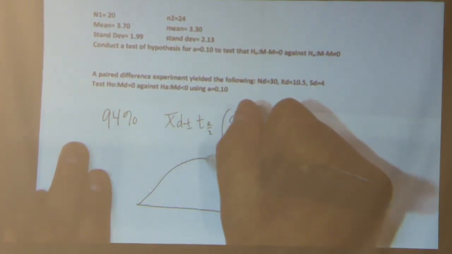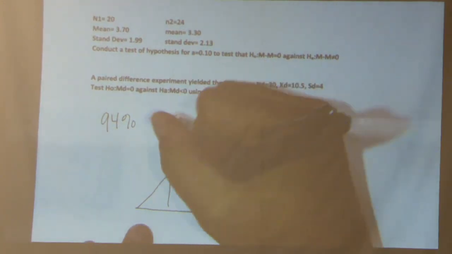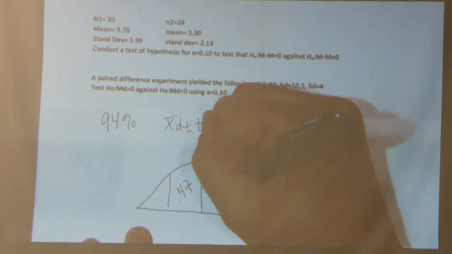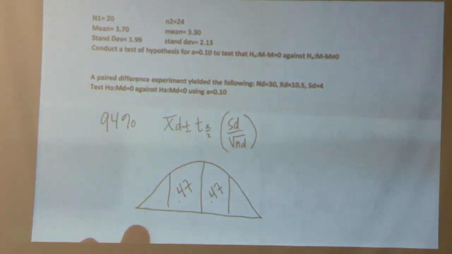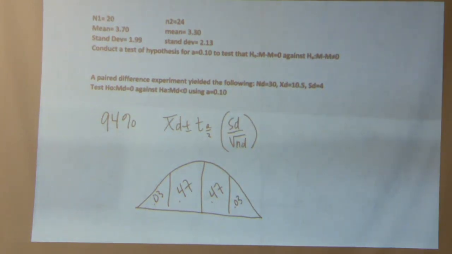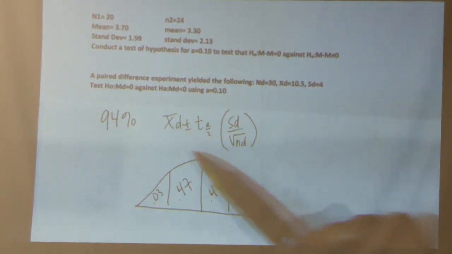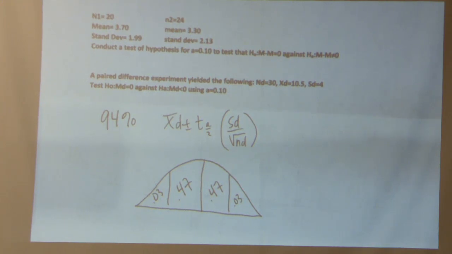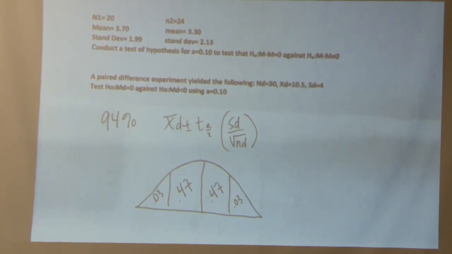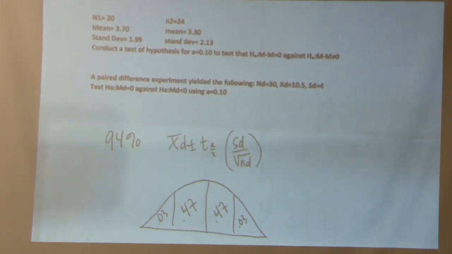So again, 94 is going to be divided in half, and we get 0.47 and 0.47. And then you would get the 0.03 over here. You would look up this value to get your t-score, and then you would plug it all into this formula. So that's kind of the basis of how you do the Chapter 9 problems.